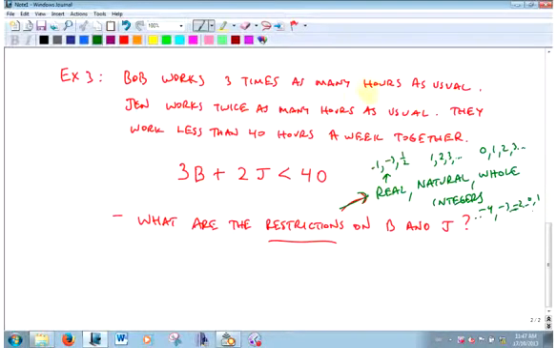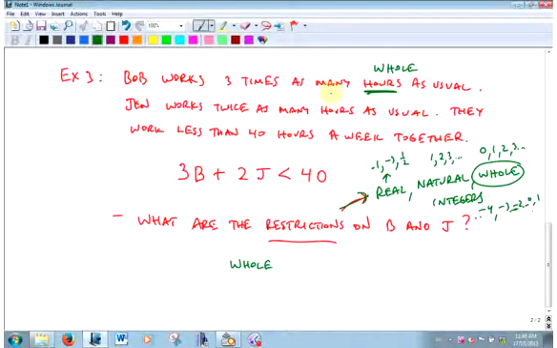In this, I'm talking about hours you work. Can I have -3 hours? Does that make any sense? It doesn't. You can work no hours or 1 hour, 2 hours. Could I work an hour and a half? Yeah, sure. But to simplify this question, we're not going to use half hours. We're going to use whole hours. That's the restrictions on this. He's working 1 hour or 2 hours, maybe 10 hours.